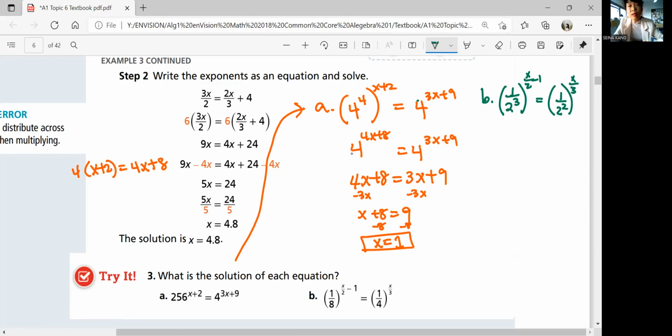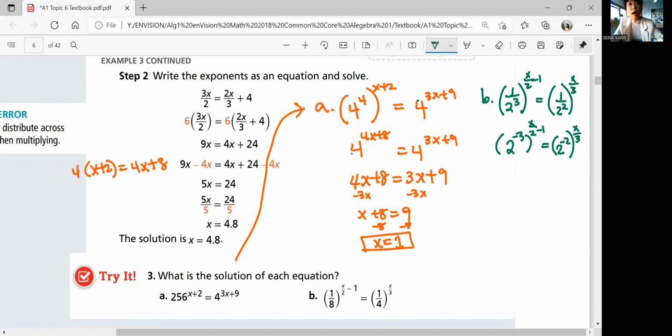And then you're going to rewrite this with a negative exponent. 1 over 2 cubed could be written as what? 2 to the negative 3rd power. Okay. And then what about 1 over 2 squared? Same thing, 2 to the negative 2nd power, to the power of x over 3. And then you're going to use the distributive property to multiply this out.